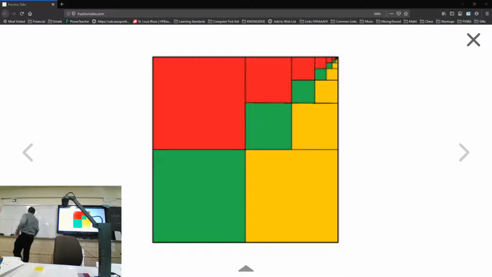So if I want to know a quarter of a quarter, I write it like that. Remember, we multiply across. No cross multiplication, that's not allowed, we don't do it. Across would be 1/16. So we have a quarter plus a 16th, and so on and so forth. We've got 7 different squares there.